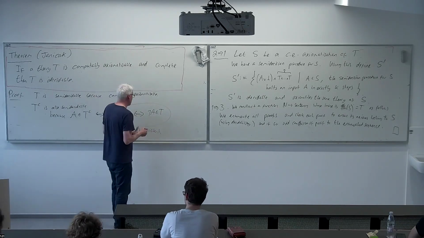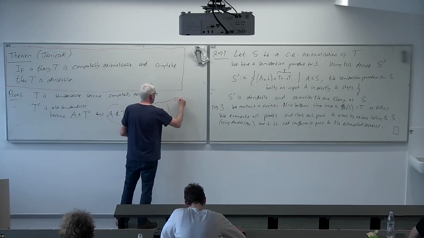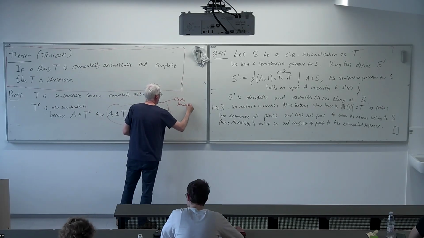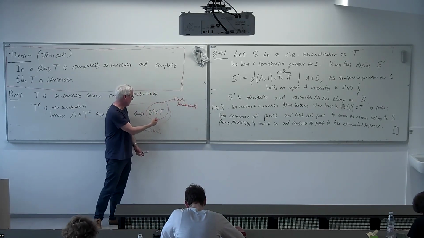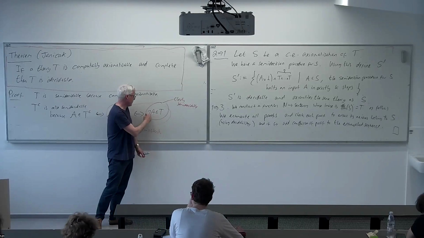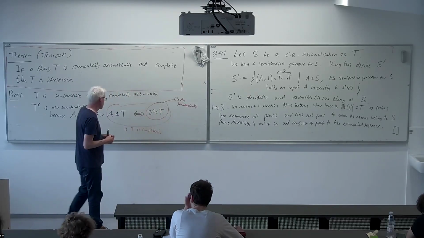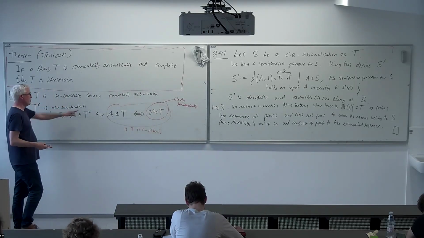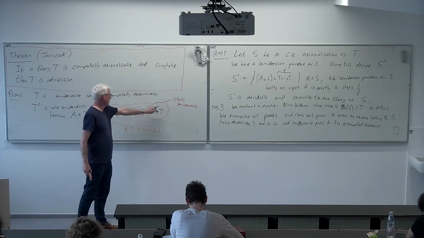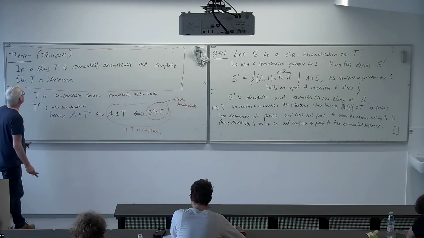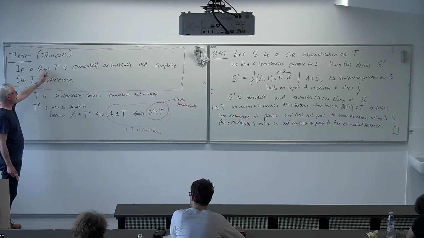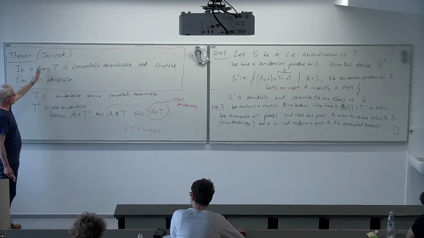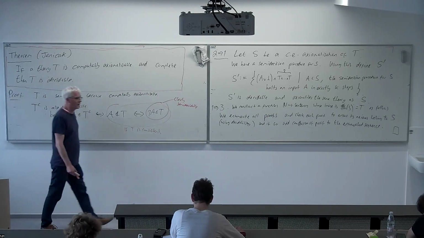So this is clearly semi-decidable, meaning we have an algorithm that will terminate with yes if this is the case and run forever otherwise. The proof here uses the assumption that T is consistent, but we don't need that in the theorem, because if T is not consistent, then obviously T is computably axiomatizable and complete, and obviously T is decidable. So the theorem is still true in the case of an inconsistent theory.